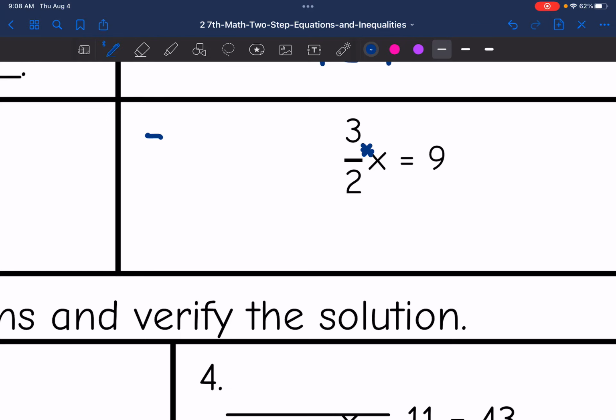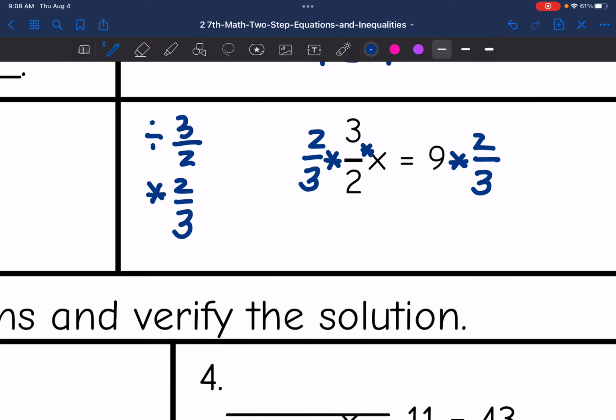So we would have to divide by 3/2 to undo that. And remember, dividing by a fraction is the same thing as multiplying by the reciprocal. So if you ever have a fraction coefficient, we are going to multiply by the reciprocal to isolate the variable.